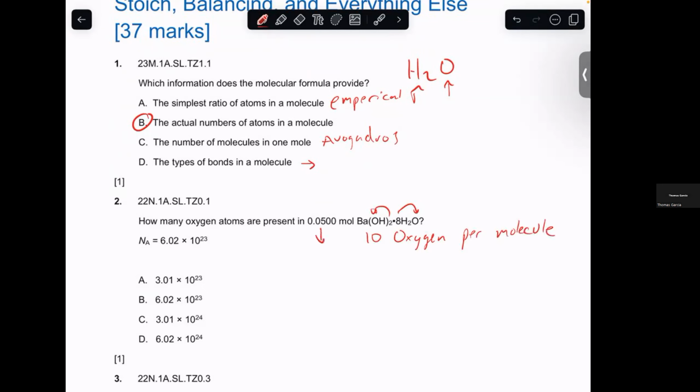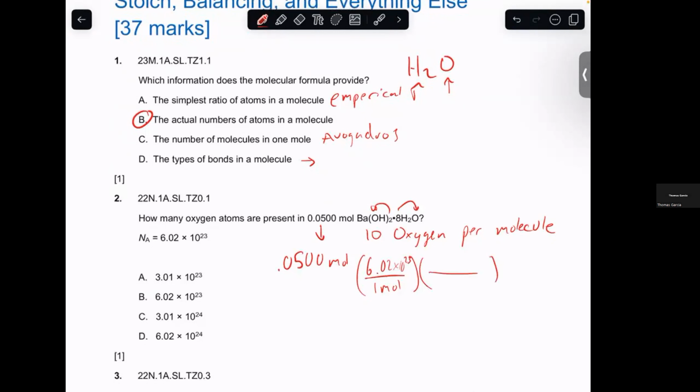Well, we know that we have 0.0500 mole, and we can turn that into molecules by using Avogadro's. 1 mole is 6.02 times 10 to the 23rd. And then we know that for every 1 molecule, we have 10 oxygen. When we plug this conversion into our calculator, we find that the answer is A, 3.1 times 10 to the 23rd.